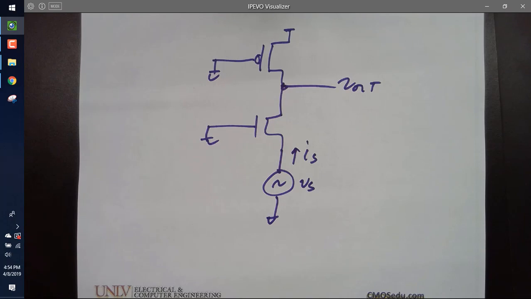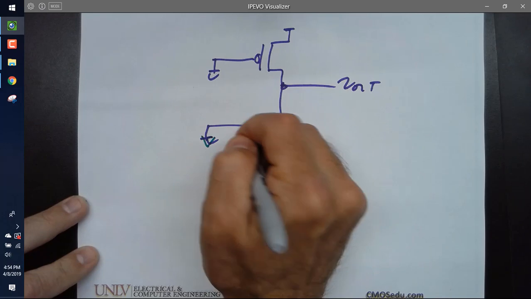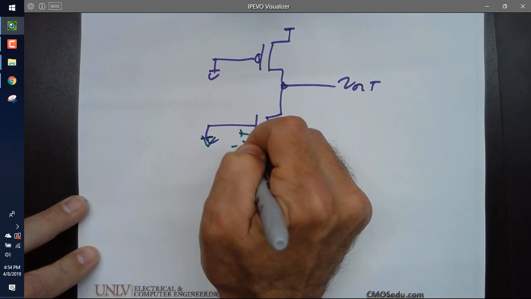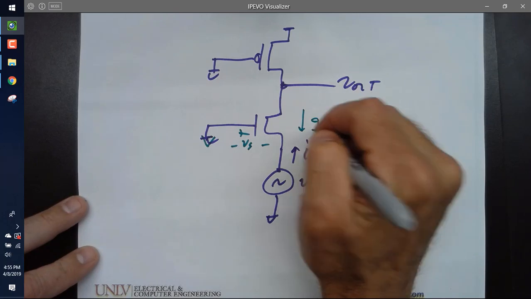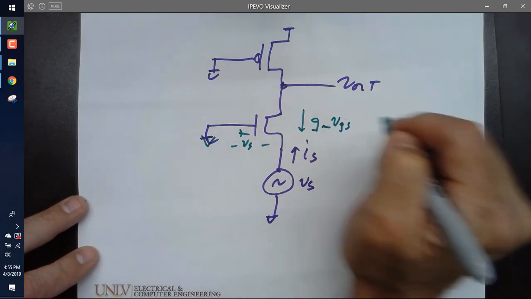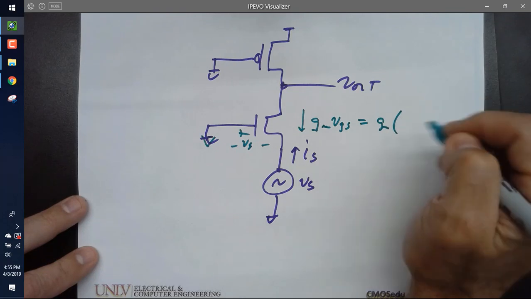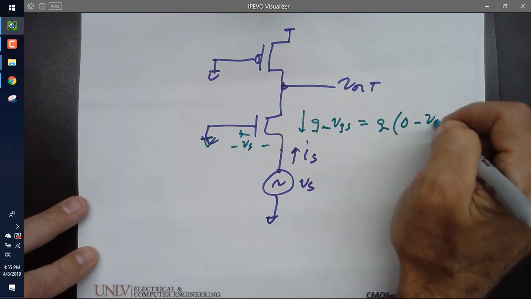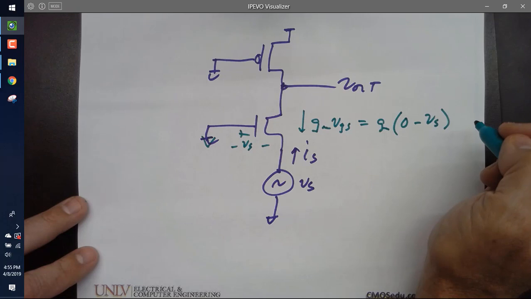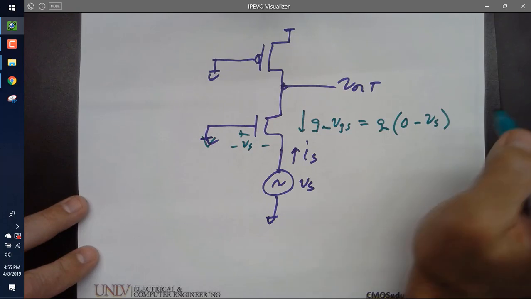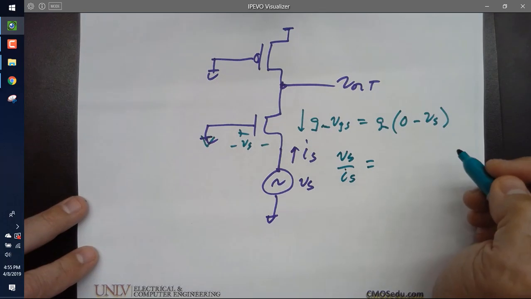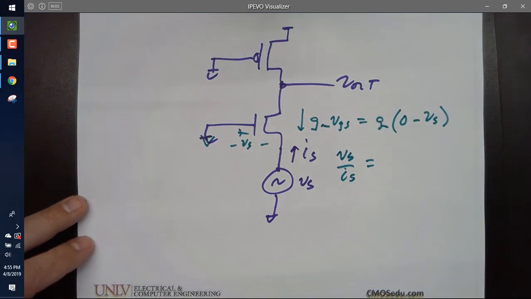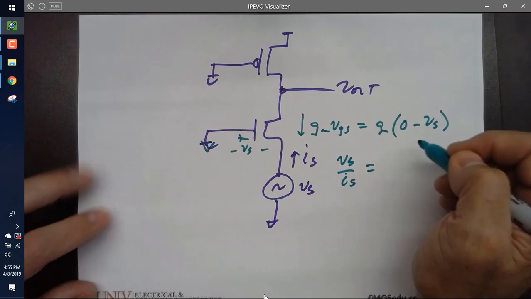Let's do the AC. So, would everybody agree that this voltage here is minus VS? Would you agree this current here is GM times VGS, or GM times 0 minus VS? Would you then agree that if I define my VS over IS as my input impedance, I've got the following?